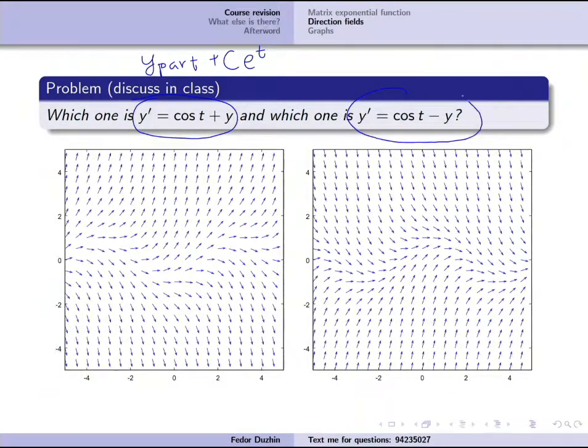While here, the homogeneous part is y prime equals minus y. So here the general solution is going to be the particular solution plus c e to the minus t.